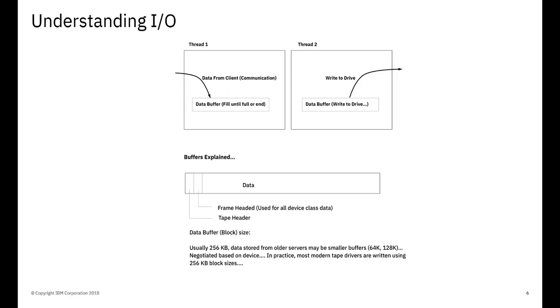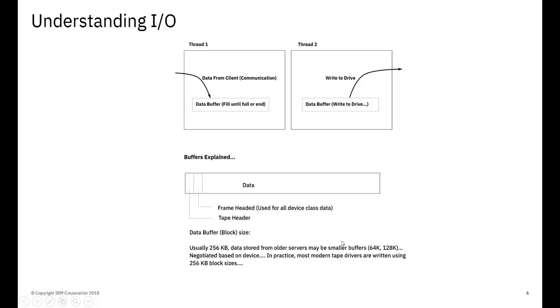So when we look at buffers, they consist of a tape header, a frame header, and then the actual data. And so the data is usually 256 KB. However, if it was an older Spectrum Protect server, you may see smaller buffer sizes out there, maybe 64K or 128K.